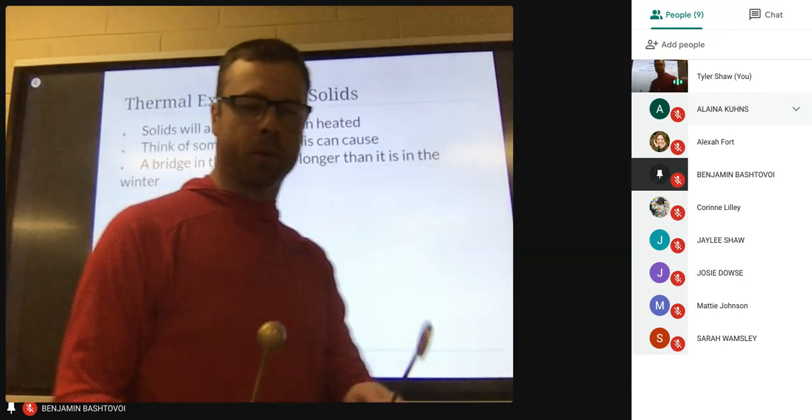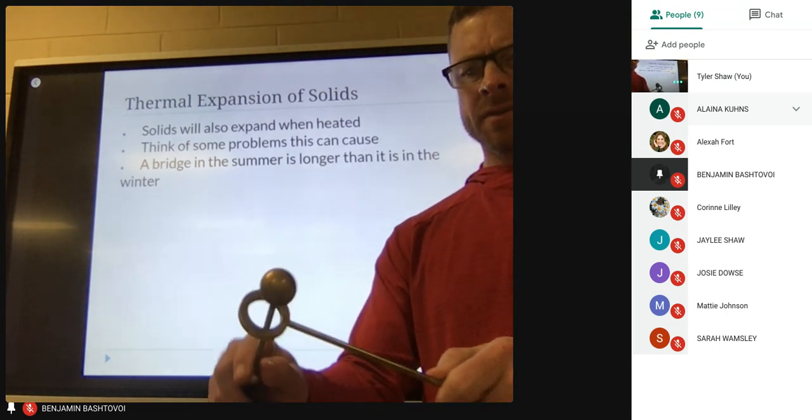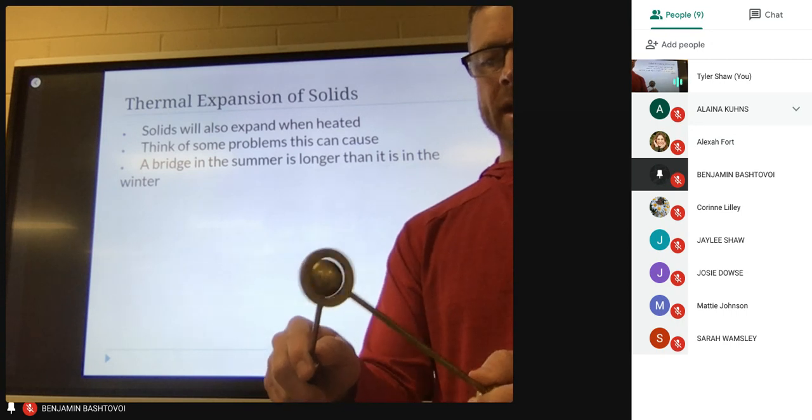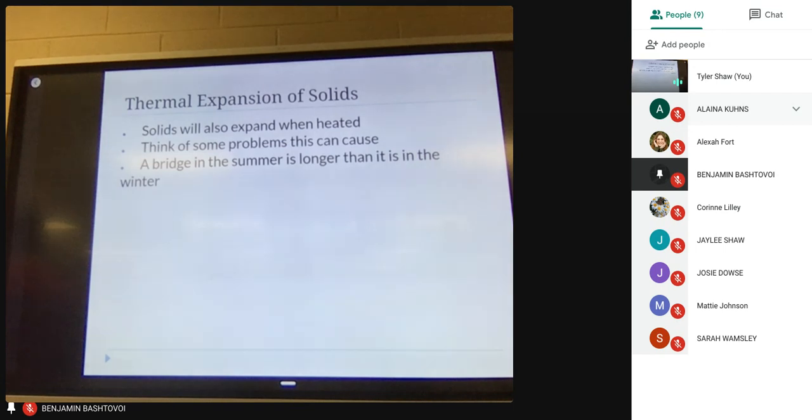These things are brass. I don't know if you guys can see this. This brass ball can go through this brass hoop. Let's see here, I'm going to heat this up with the Bunsen burner. Like I said, sorry, this isn't ideal.